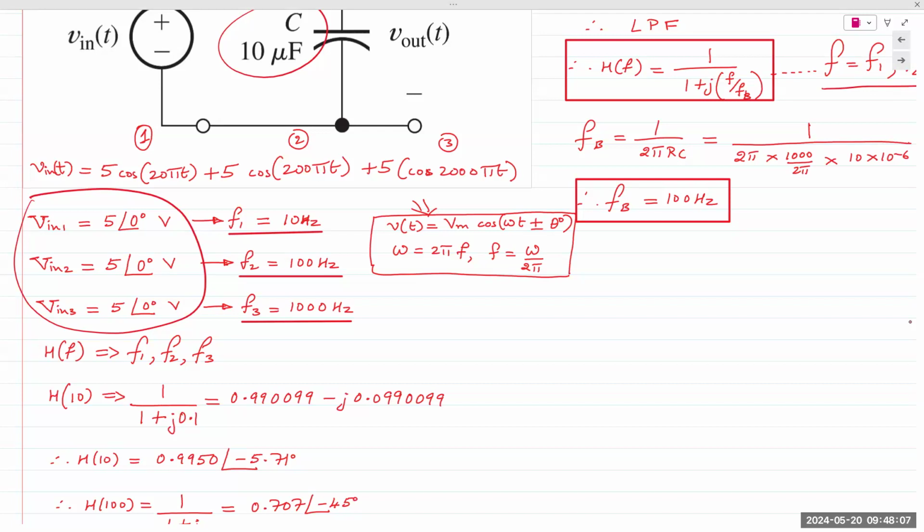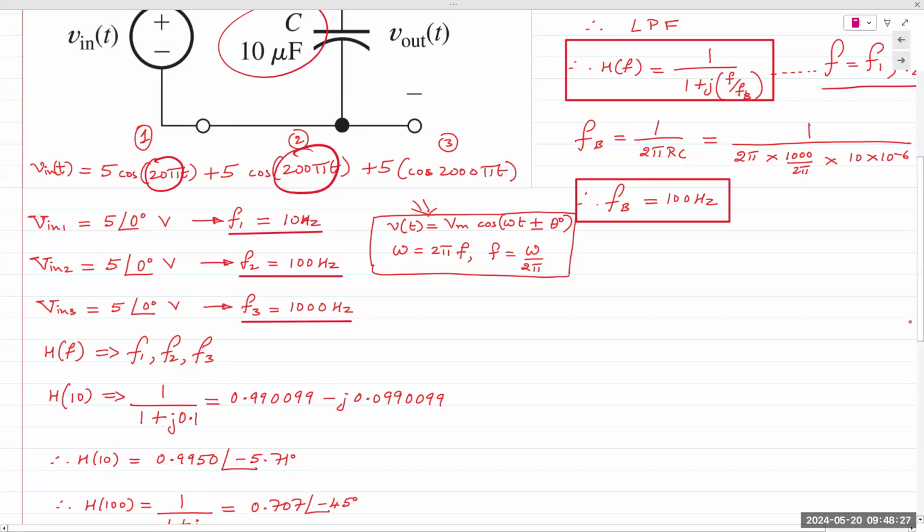We treat each individual component separately. We see that the frequencies are 10, 100, and 1000 hertz. Standard equation, omega is 2 pi f. So we equate 20 pi, 200 pi, and 2000 pi with 2 pi f, and we obtain F1, F2, and F3.